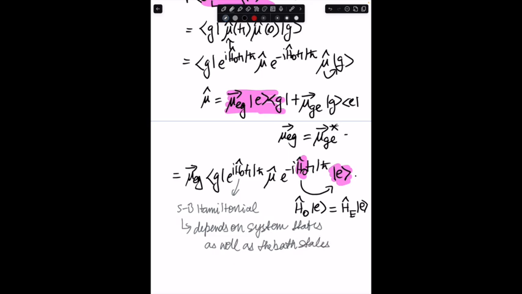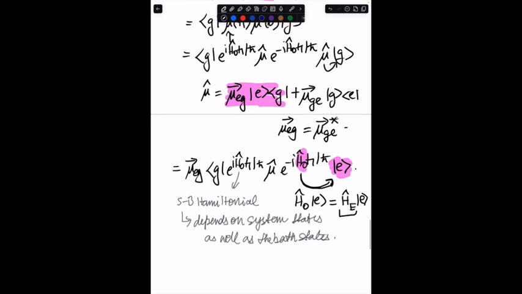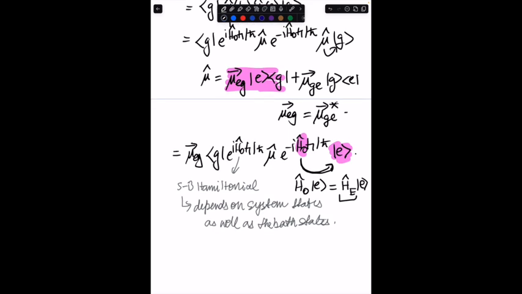So right now at this point, I would just like to use this as a marker. When I write it down as HE, I mean I'm considering the full Hamiltonian of the excited state E, which includes my system, my bath, and my system bath coupling. And I will take care of this later on.